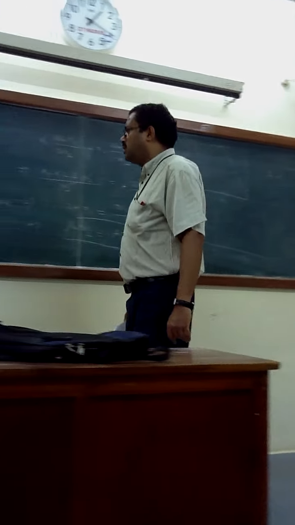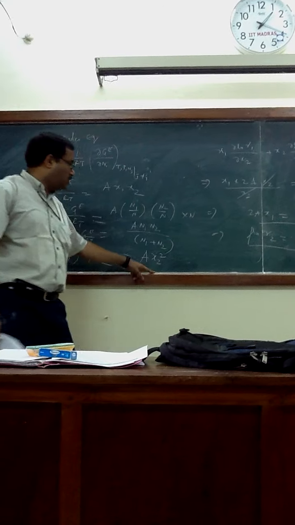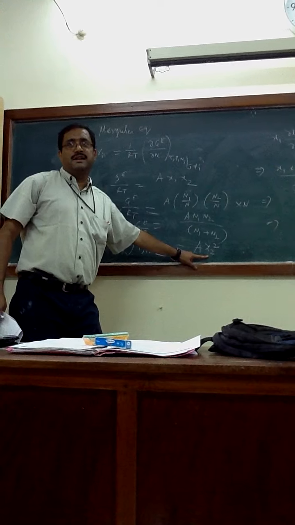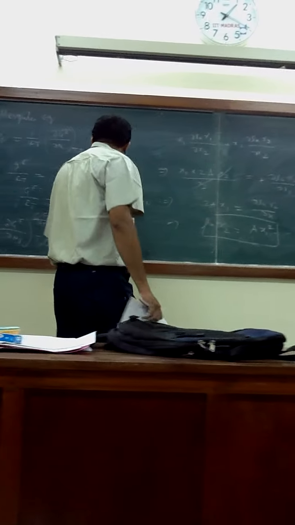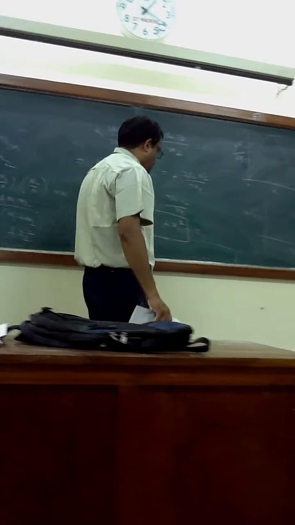If a equals to 1, what actually happens? At x1 equals to 0, x2 equals to 1, so starting from 1, right? It will go to 0, right? How will it go? It is ln gamma 1, the x2 square. So how will it go to 0?